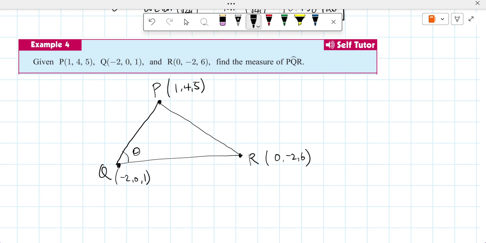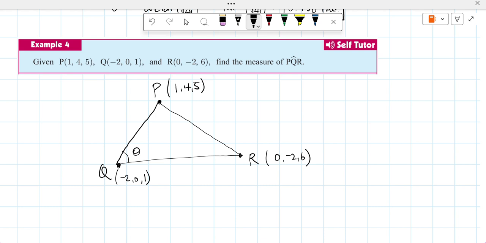And then the cosine rule involves one angle and three sides. In order to use a sine rule, we need two angles and two sides, so it means that we need another angle, which is counterintuitive. Logically, it's impossible. So therefore, the only option that we have left is the cosine rule.